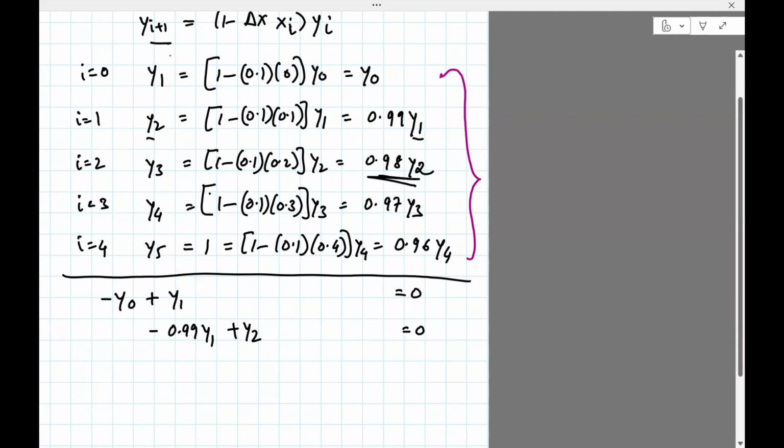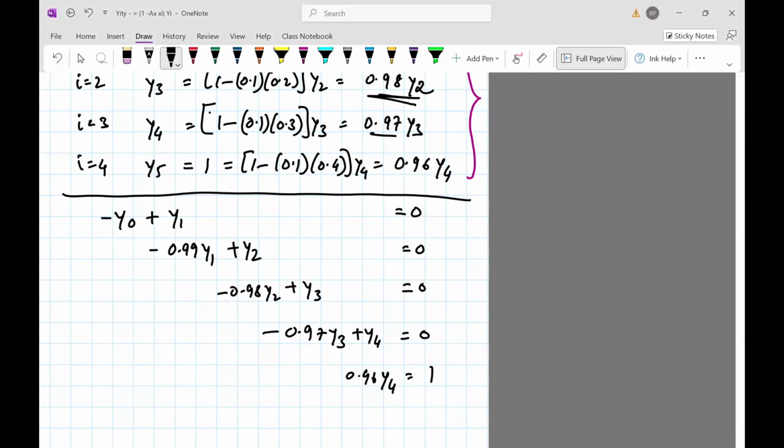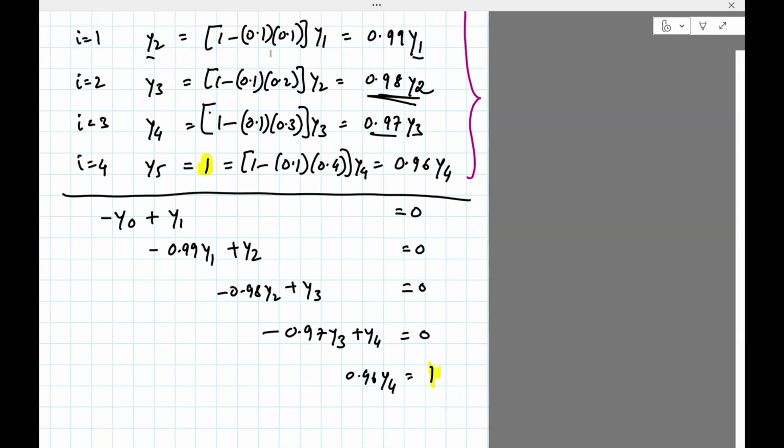Third one, we have minus 0.98 y2. It's negative because I moved it to the other side, plus y3 equals 0. Then we have 0.97 y3 plus y4 equals 0. And the last one is 0.96 y4 equals 1, right? 1 is a number, so it goes here.